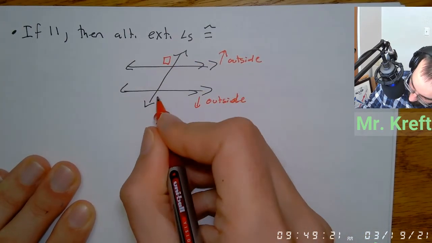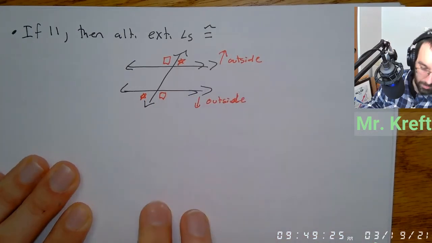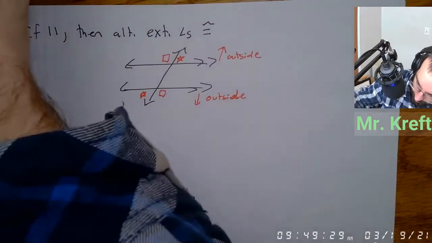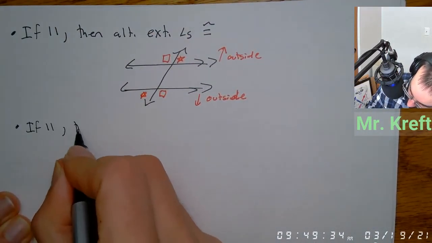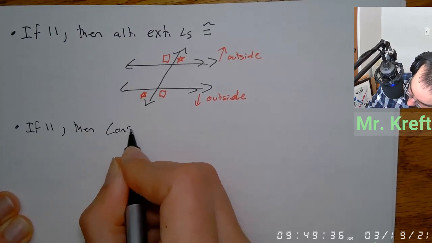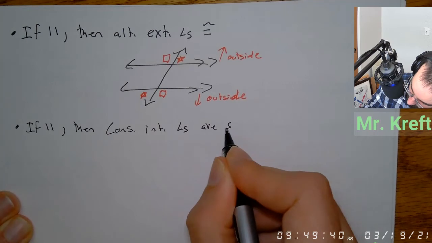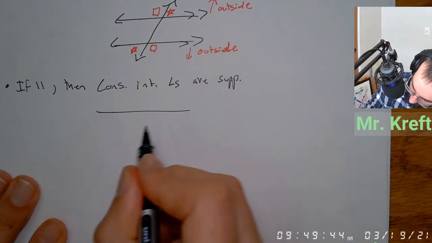And then it's going to be just like alternate interior, but it's on the outside. Okay. And then I have if parallel lines, then consecutive interior angles are supplementary. Okay, so what does that look like?